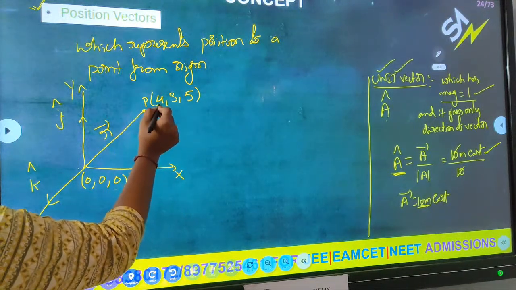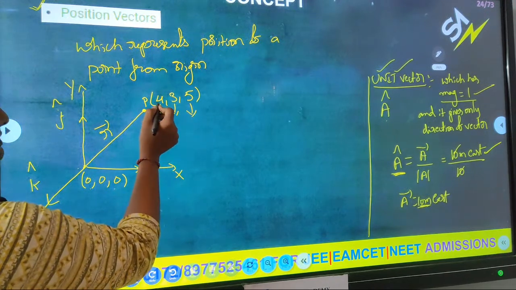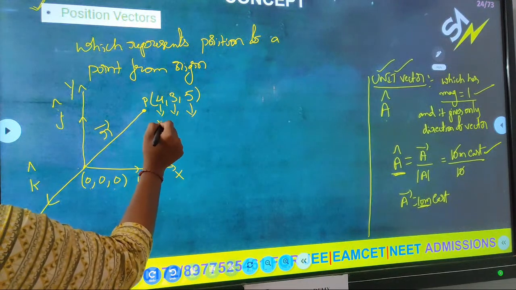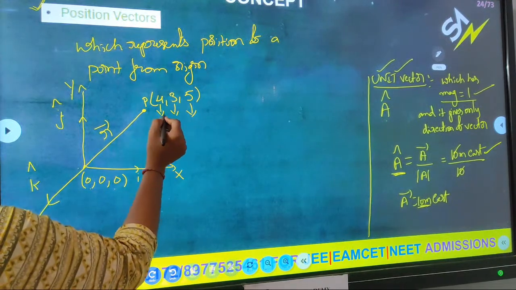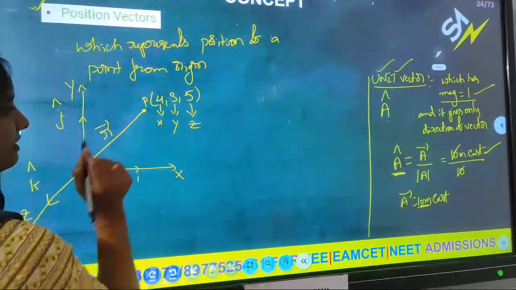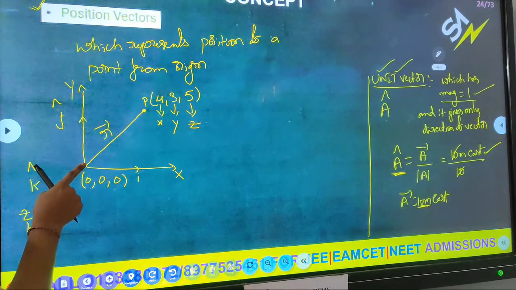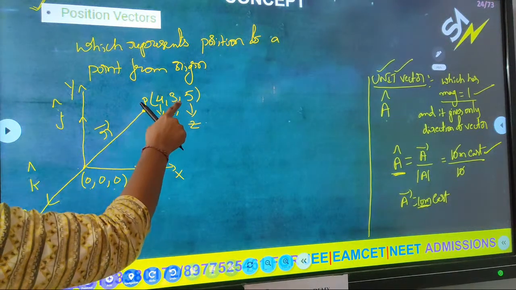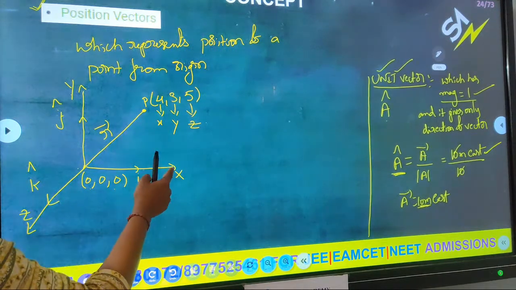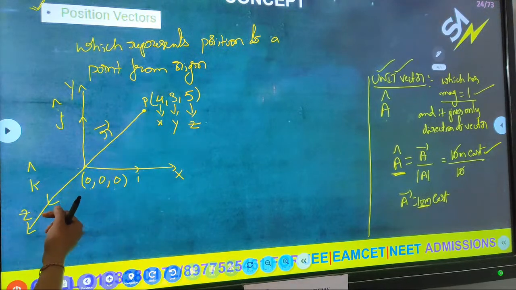These coordinates mean 4 units along the x direction, 3 units along the y direction and 5 units along the z direction. So to find the position of this particle from the origin, having coordinates 4, 3, 5, you need to displace 4 steps along x, 3 steps along y, 5 steps along the z direction.